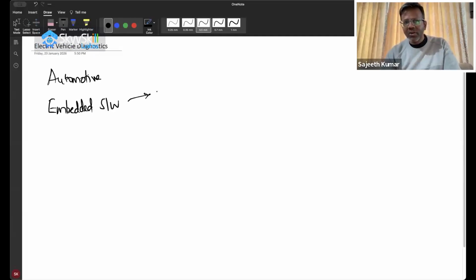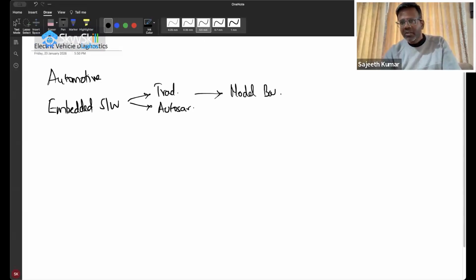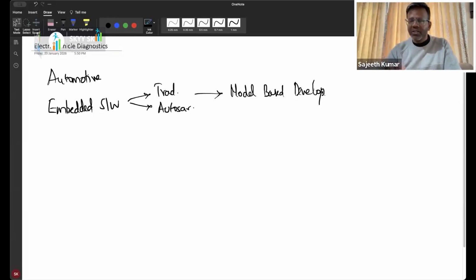This is both your traditional embedded software in C, C++, as well as your AutoSAR architectures. And of course, by extension, I also do quite a lot of model-based development. So this is basically the complete automotive software stack, which I've been working with for almost 15 years now.